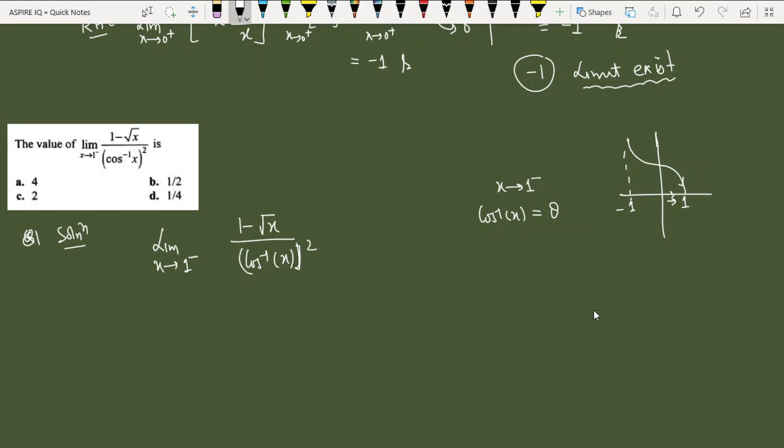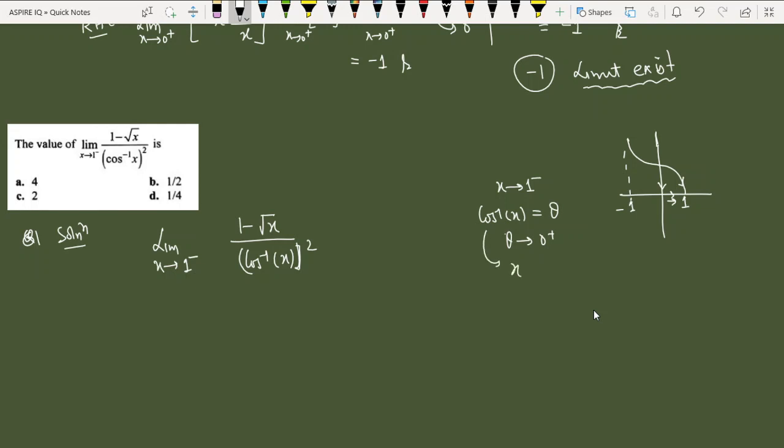So cos inverse tends to 0 plus, approaching from the 0 plus side. Cos inverse x is theta. If x tends to 1 minus, theta tends to 0 plus. From the graph you can see easily. So just replace it.